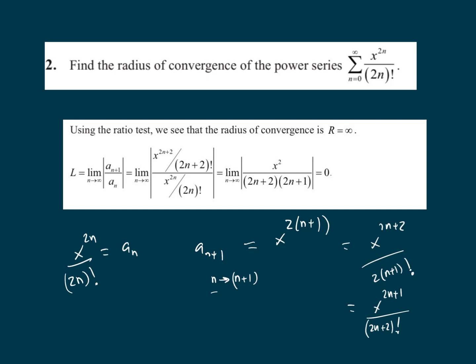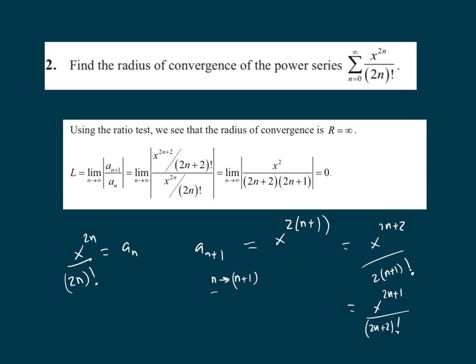And now we do the limit. It will be a sub n plus 1, x to the 2n plus 2 divided by 2n plus 2 factorial, divided by a sub n, which is x to the 2n divided by 2n factorial. So this limit is x to the 2n plus 2 divided by x to the 2n, which is x squared, so it will be x squared divided by 2n plus 2. Let's do it.